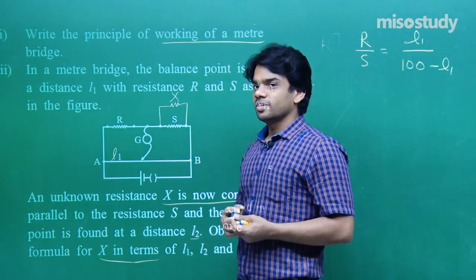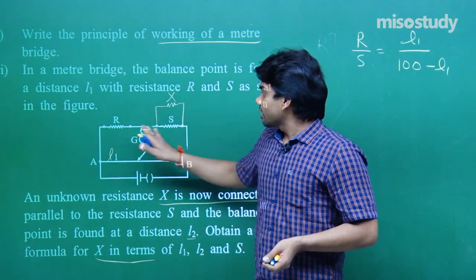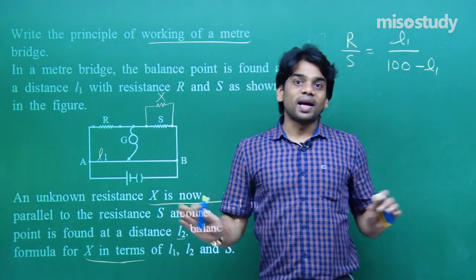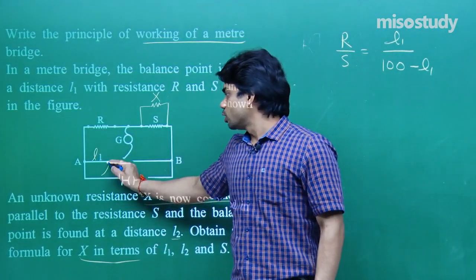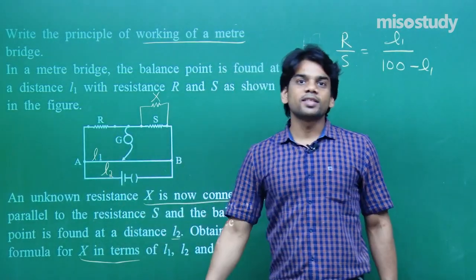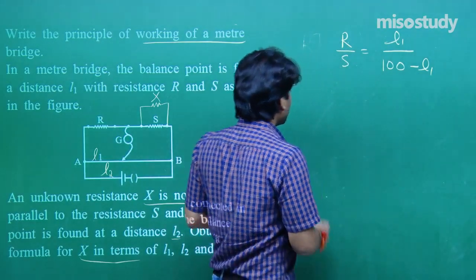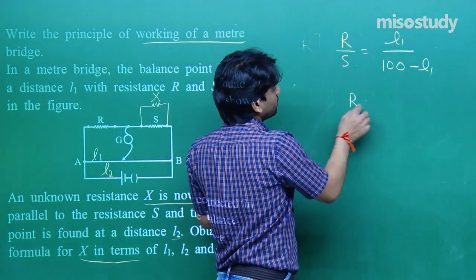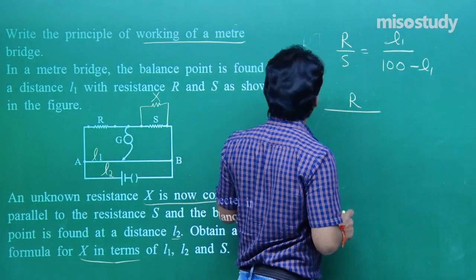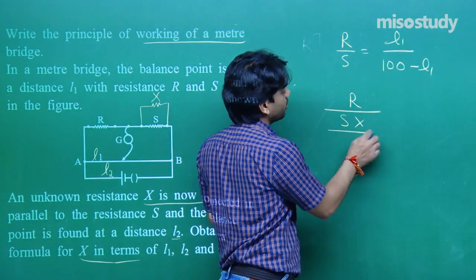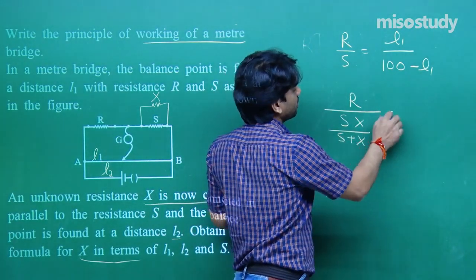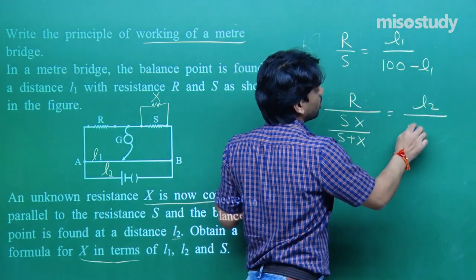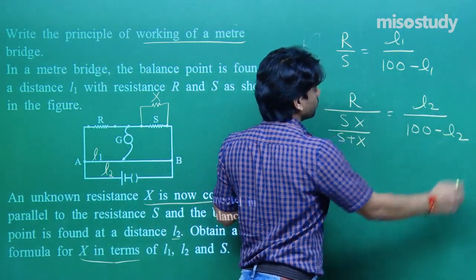The balance length has changed to L2. So we can write R by this resistance, that will be Sx divided by S plus X, is equal to L2 upon 100 minus L2.